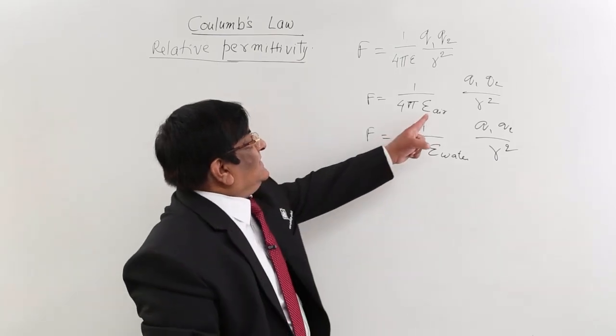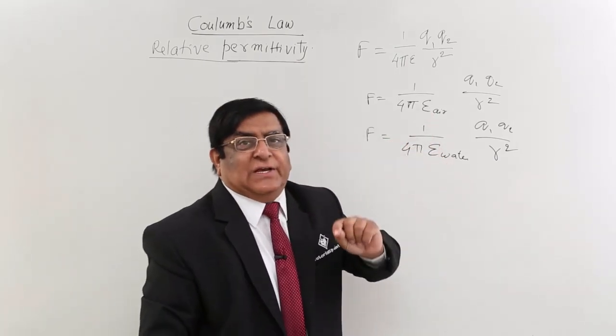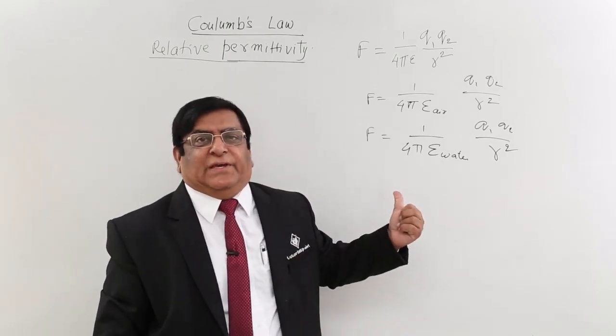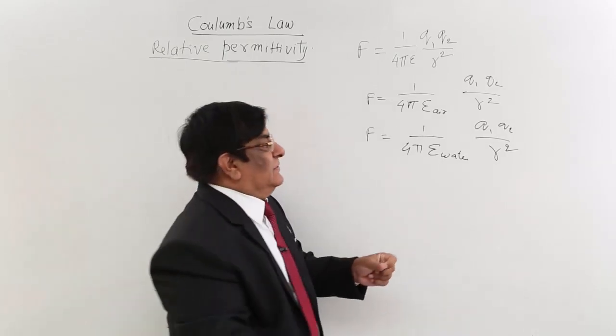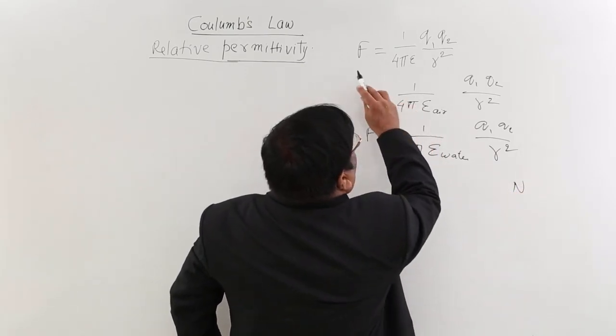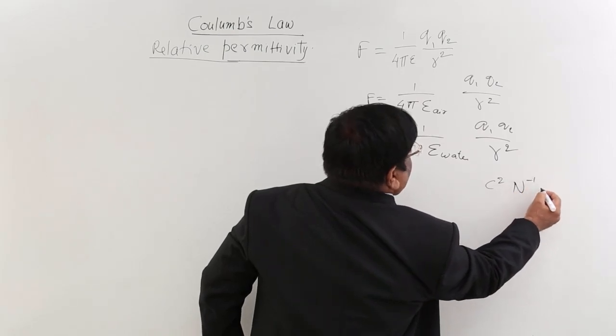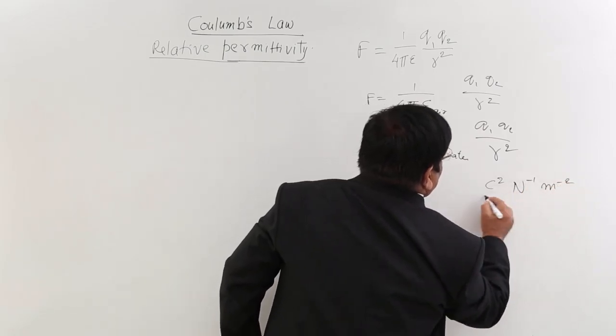Every time this has a unit, and in the SI system that unit is Coulomb square per Newton per meter square.